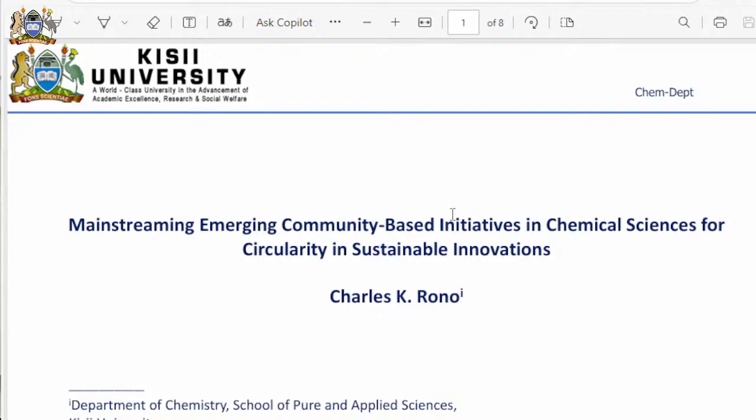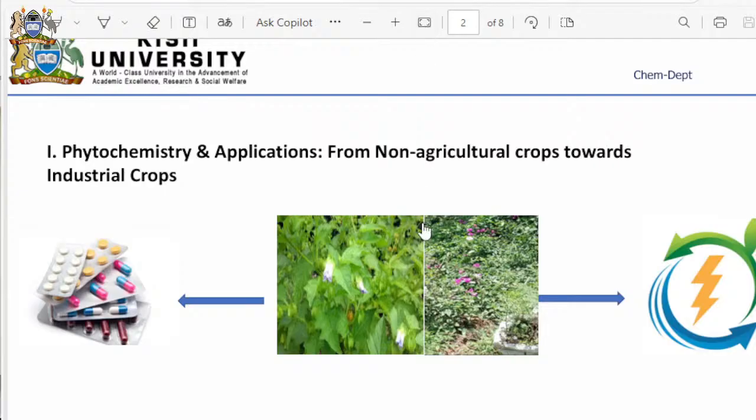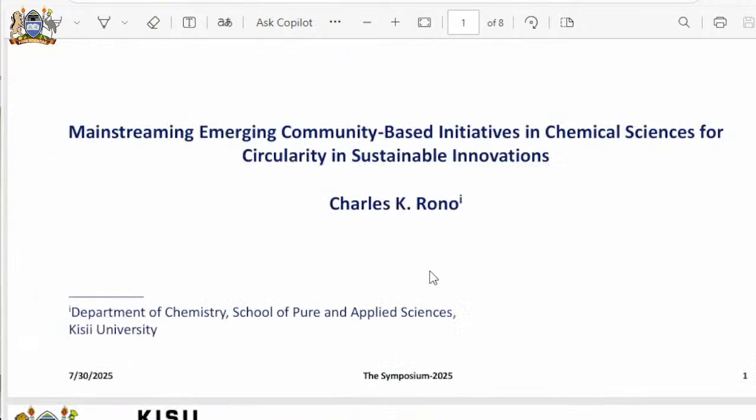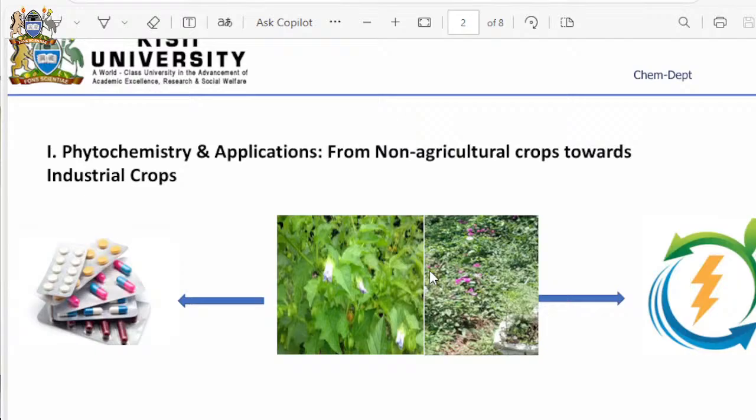Because I think the difference between research moving from the bench to the market is ideally on the innovations. And as the theme of the symposium is that we want to champion innovations, we are trying to align the presentation with that theme.